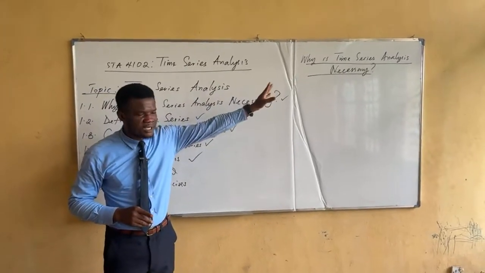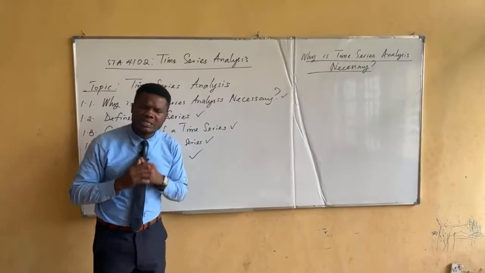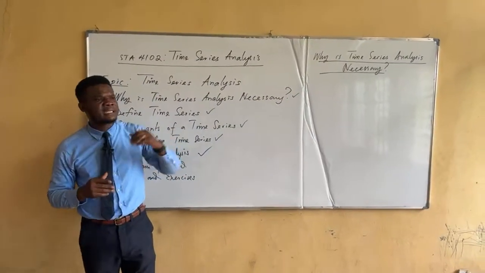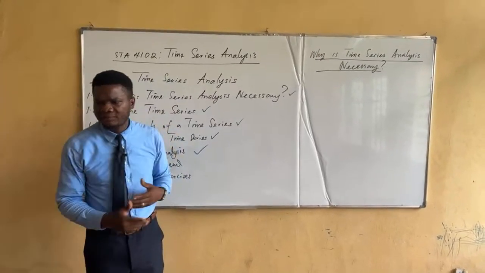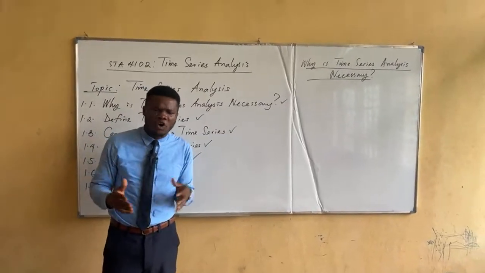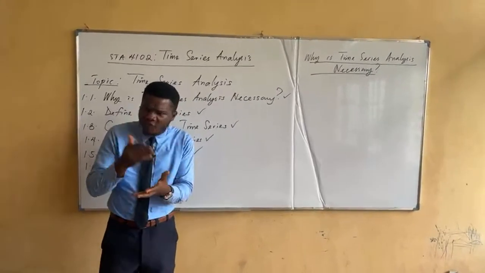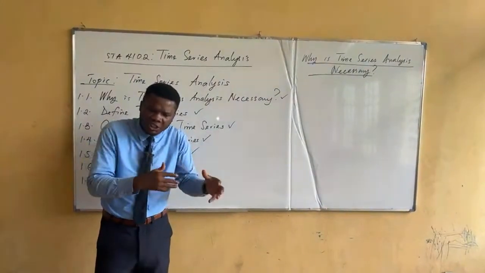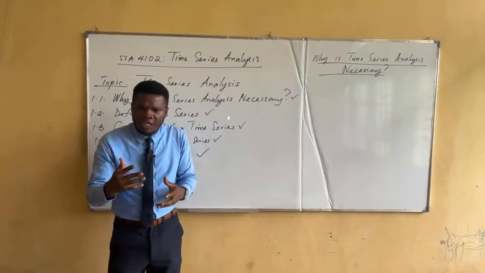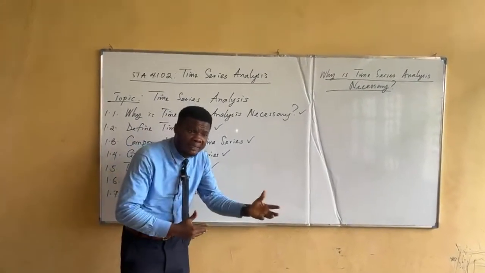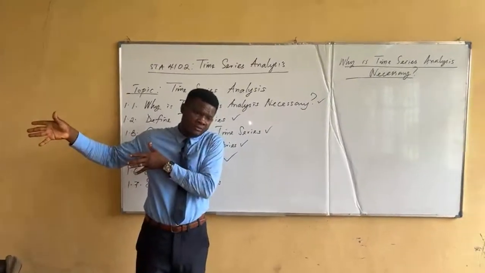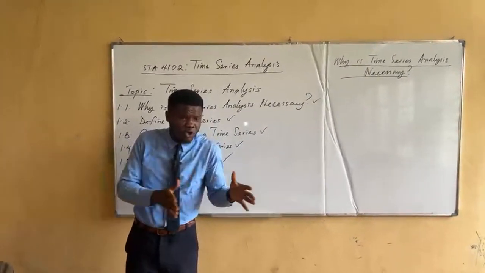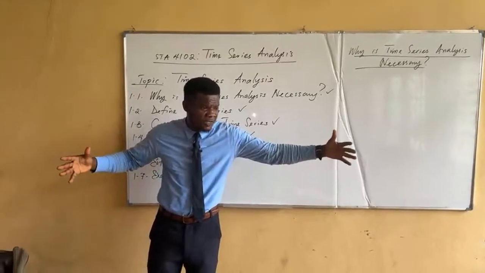A time series analysis. For instance, let's assume that the data you are looking at is rainfall data over 10 years. You are looking at rainfall intensity. You want to see the pattern with which a particular event has been occurring over a long span of time.